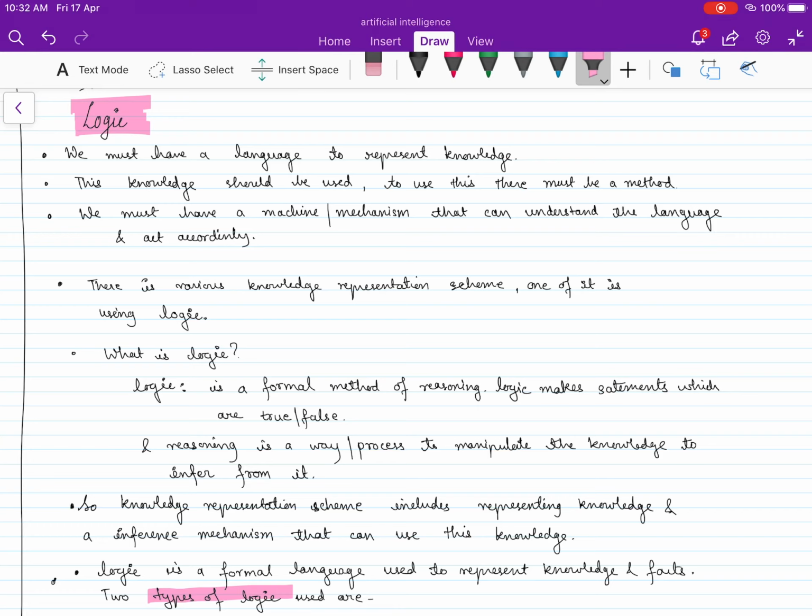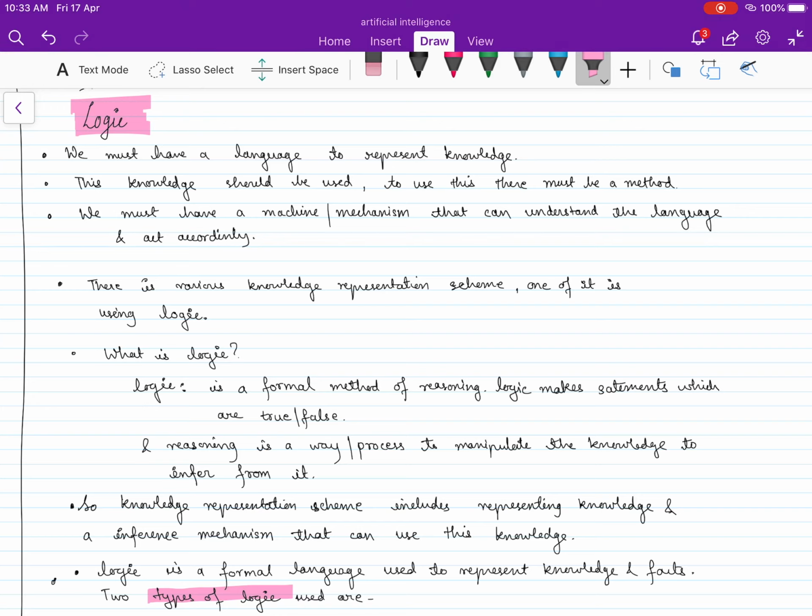As humans, we have some inbuilt knowledge, and using artificial intelligence, or AI, we have to make some system which can sense the environment, and using some knowledge it should be able to make decisions, and according to the decision it should be able to take some actions.